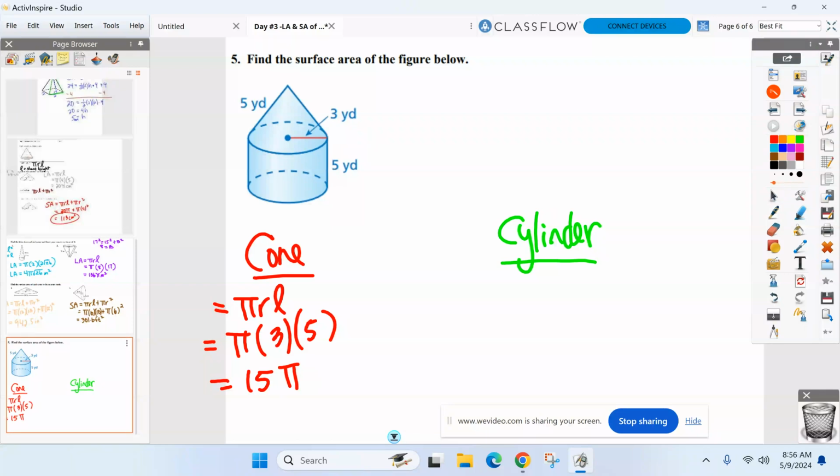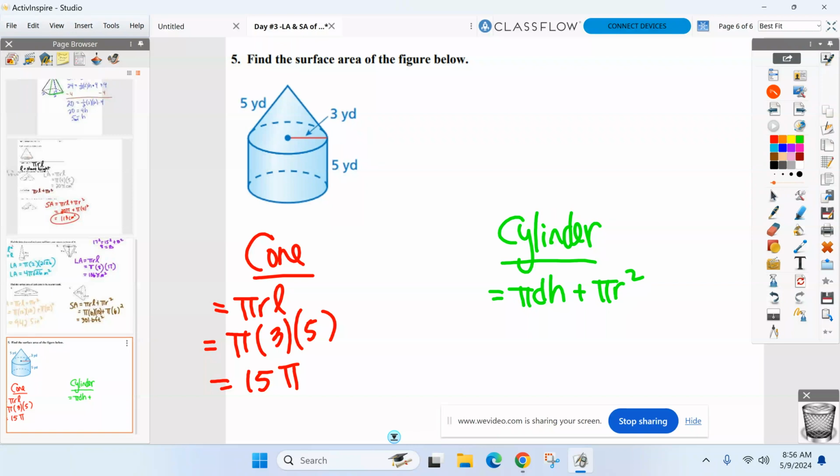Cylinder, you had to do a little deeper thinking. Is the lateral area of the cylinder covered up at all? Nope. So that's pi d h, which I gave you 2 days ago. And it has 2 bases. One of them's covered up, the top. So I'm not going to do 2 pi r squared. It's only going to be pi r squared for the one base at the bottom.